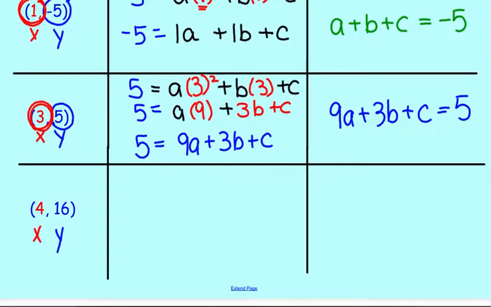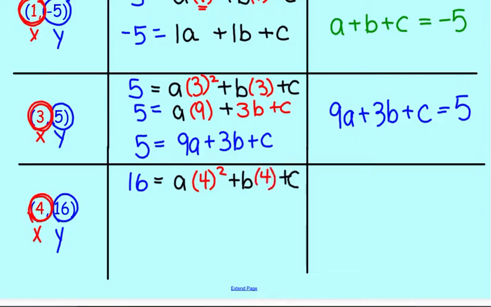Our last row is that third ordered pair, (4, 16). We're going to substitute in the same equation we've been using. So my y is 16 equals a, replace the x with the value of 4, replace the x with the value of 4 again, and now simplify that equation.